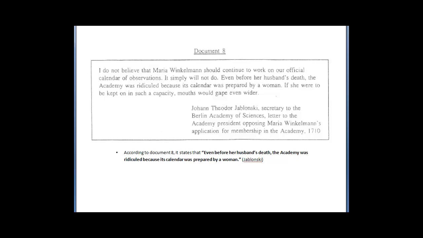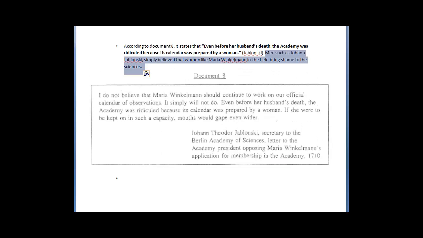And so I might then include something that looks much more similar to this. Men such as Johann Jablonski simply believe that women like Maria Winkelmann in the field bring shame to the sciences. Right? So I'm showing what he has to say, and then I'm explaining what it is that he's saying.